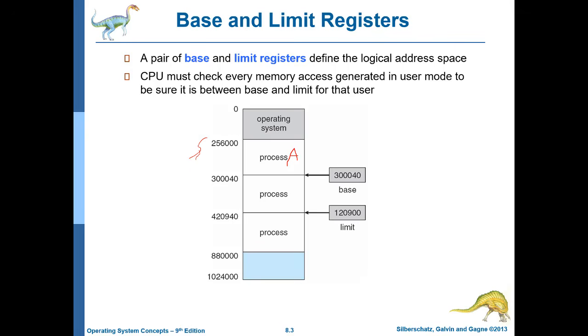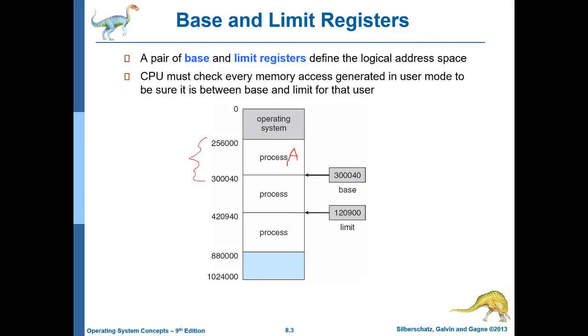Now the CPU must be executing instructions of process A which are only within this range, from 256,000 to 30040.